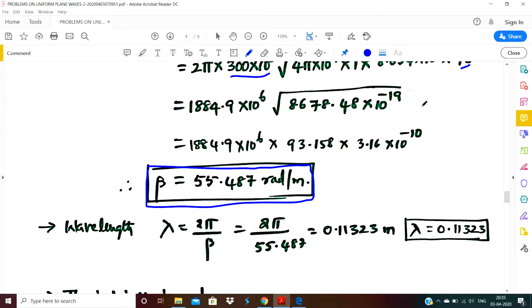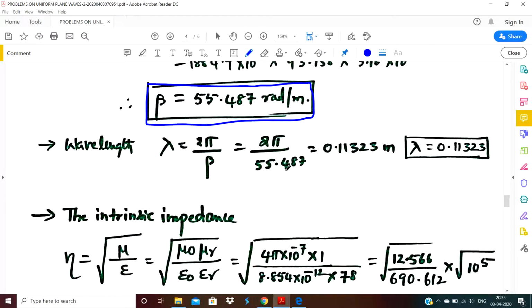This is how we can get the value of beta. Once we know beta, 2 pi by beta is the wavelength lambda. So 2 pi by that 55.487 will give us lambda equals 0.11323 meters. This is the wavelength.